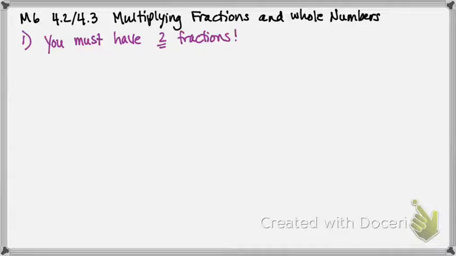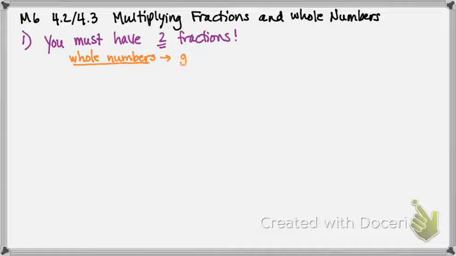So we're going to talk about whole numbers, and they're super simple to turn into a fraction. We're going to give it a denominator that's not going to change its value. So what number could we use as a denominator that's not going to change the value of a number? I bet you're thinking about it right now.